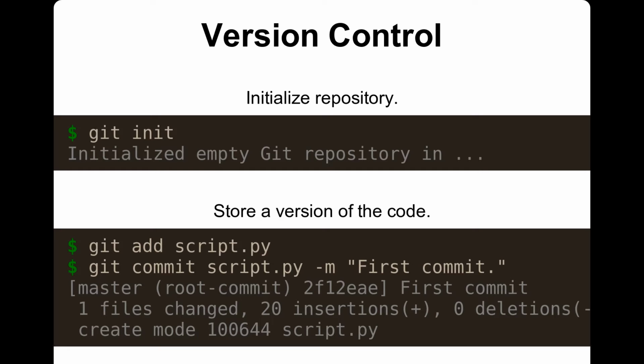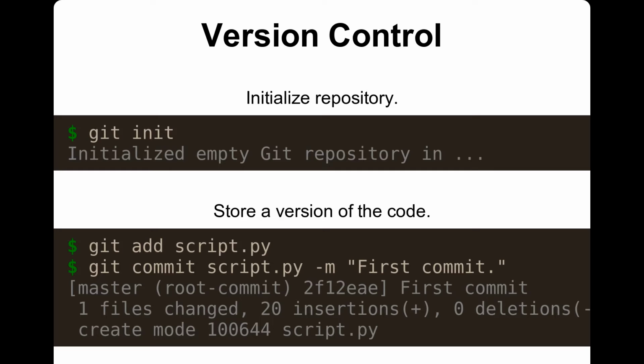Of course, there's a better way, and that's you can use a version control system like Git, which records every change: when you make a change and you decide to commit it, it records that instance of the script. So with Git, you can say git init in the directory with the script. You've created a database in that directory.